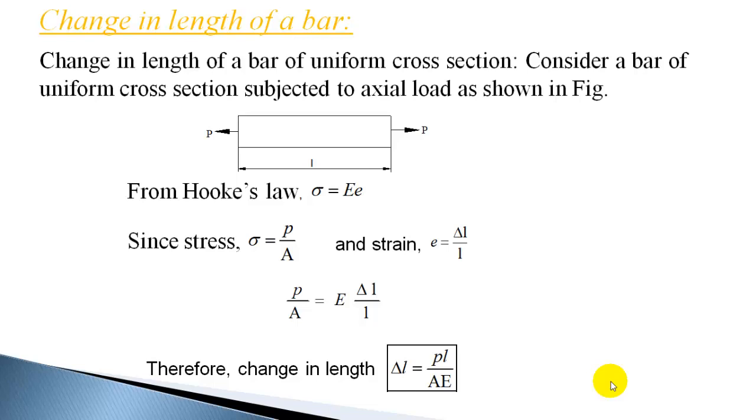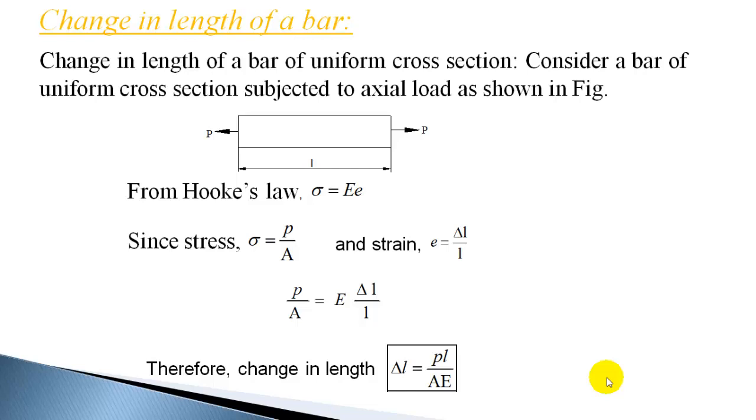So how do you determine Young's modulus? To determine Young's modulus, you should test that material in advance. You should conduct a test, and as you know, Young's modulus is stress by strain, so normal stress by normal strain within the elastic limit.